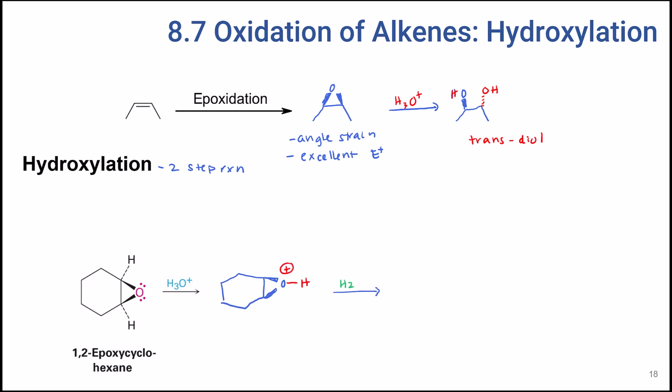And then we have water, which can do a backside nucleophilic attack on that epoxide that was protonated. And then we just have another proton transfer to pick up that extra hydrogen on the water. And that's how we get our trans diol.